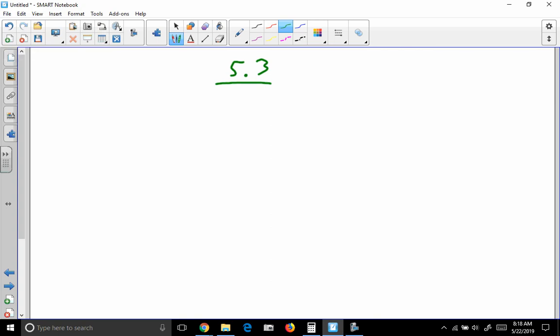Let's take a few minutes and work through some examples out of 5.3. And in 5.3, it sounds like we're going to be going backwards from what we've been doing. In the previous sections, we took z-values and found the probabilities of having a z that's less than a particular number.